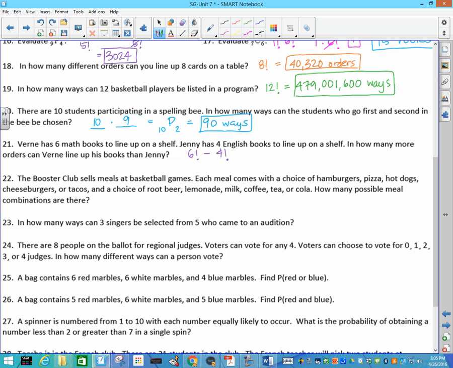You've already shown me you know how to do it. 6 factorial is 720. 4 factorial is 24. And 720 minus 24 is 696. That answer is larger than 1, so I need a label. How many more orders? 696 more orders.